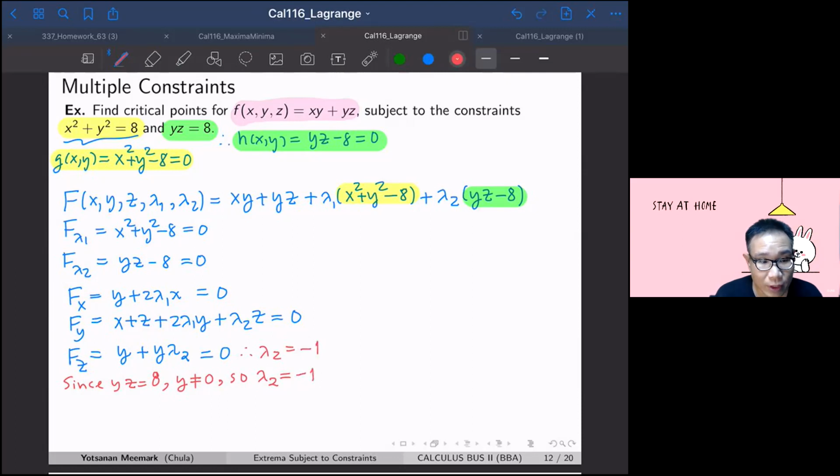So you have lambda 2 equal to negative 1. When you plug in lambda 2 equal to negative 1, this will allow you to get rid of this term, okay? So you're also going to have an equation here.